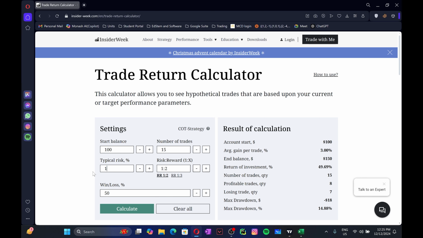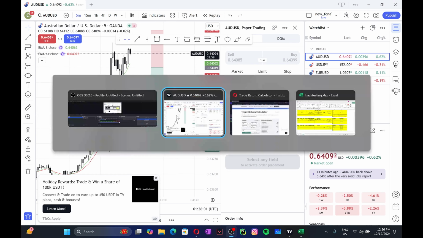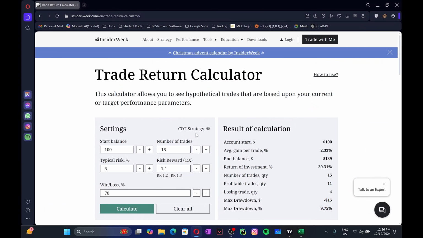Now, if I had 10 percent down the line, I've got $100. It's double the money. And if I do have more winning percentage with 5% risk and 1:1, I would make $39. Well, I've got one simple target. I want to have as much possibility to have a better outcome.